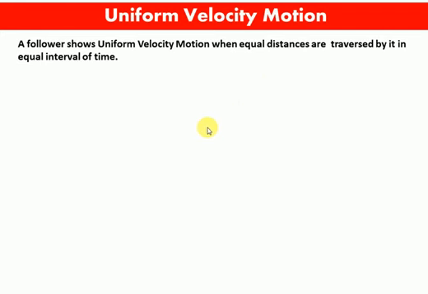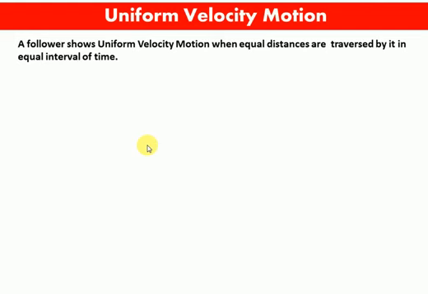First of all, we will draw the displacement curve for the uniform velocity motion of the follower, and in all the cases we will consider the angle of ascent on the x-axis, whereas the maximum follower lift on the y-axis.